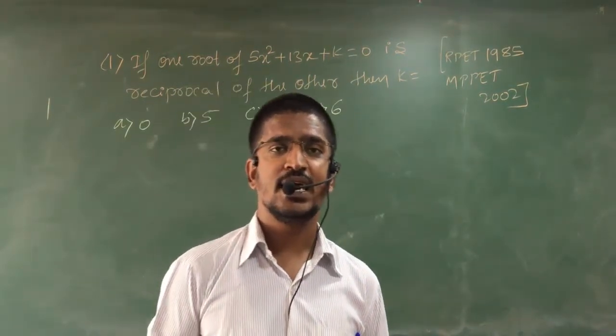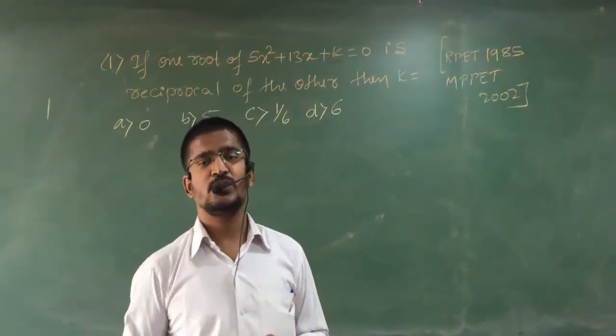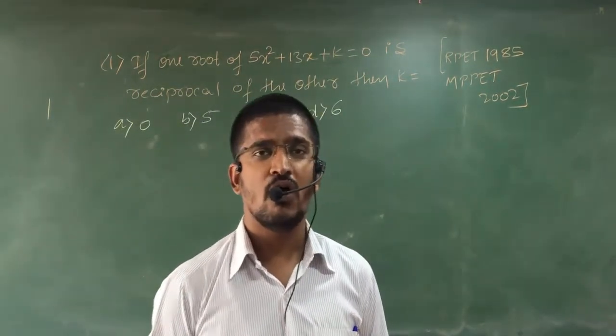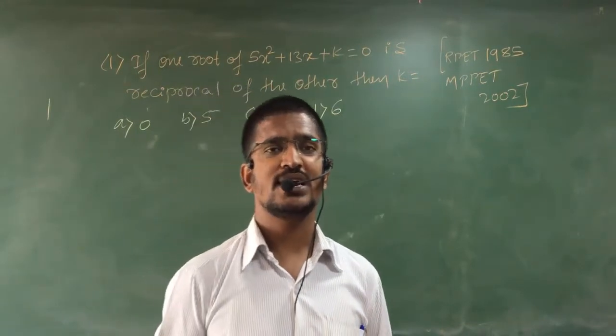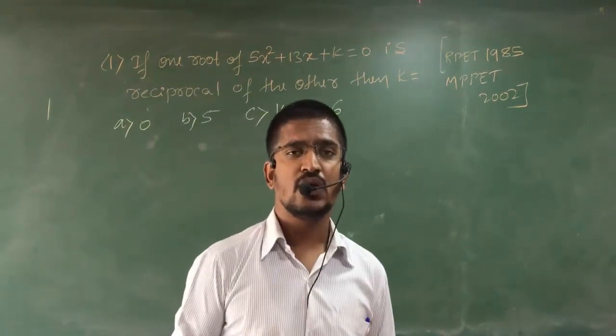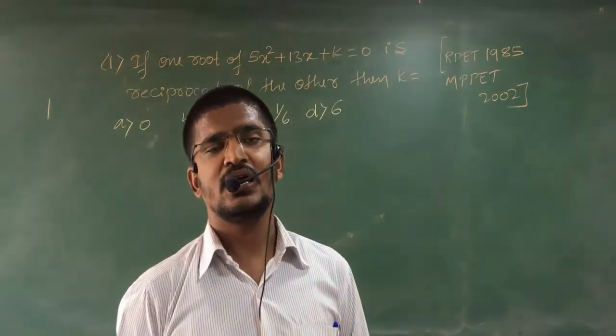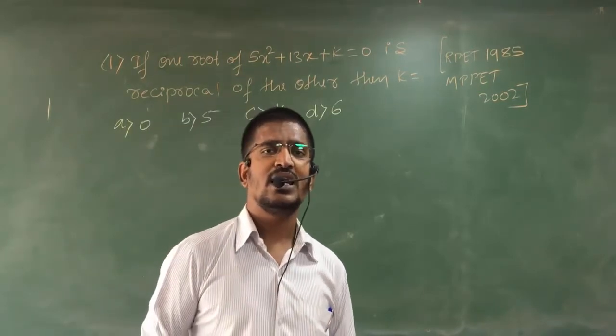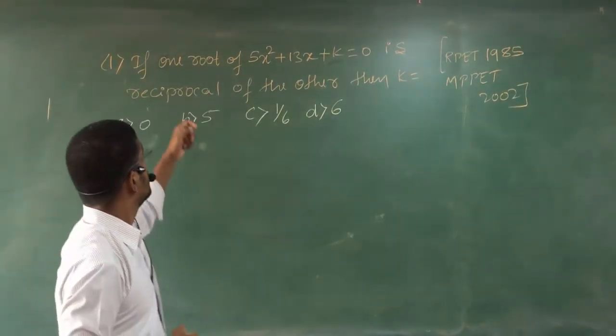In that case, x minus alpha into x minus beta will be equal to 0. Therefore x square minus (alpha plus beta) into x plus alpha into beta will be equal to 0. That is your algebraic equation. Using those two results, now let us try to solve your question.